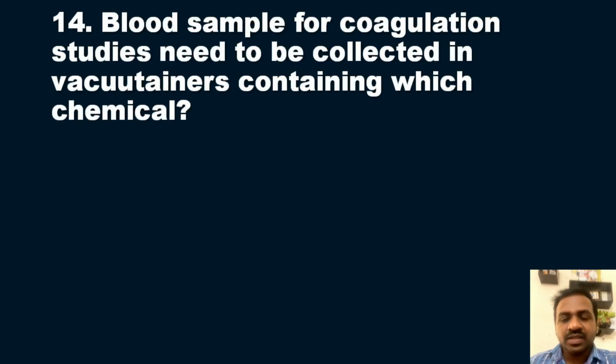Now we will move on to the second last question in our series, regarding blood sampling. The question is, blood sample for coagulation studies needs to be collected in vacutainers containing which chemical? We know that there are several types of vacutainers for several blood investigations. So for coagulation studies, which vacutainer will you take?